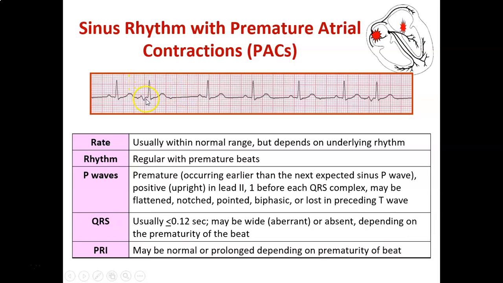So complexes number 2 and 7 are coming from this ectopic focus. The rest of the complexes are from the sinus node. And you see all are narrow complexes, and by rule any rhythm which originates above the AV junction is a narrow complex. So these are most probably from the atria. That's why they are called premature atrial complexes.